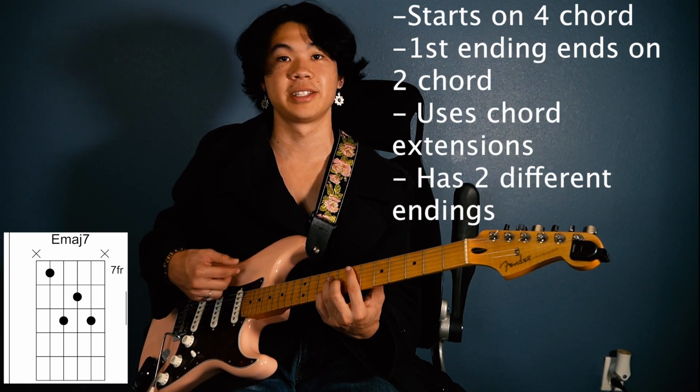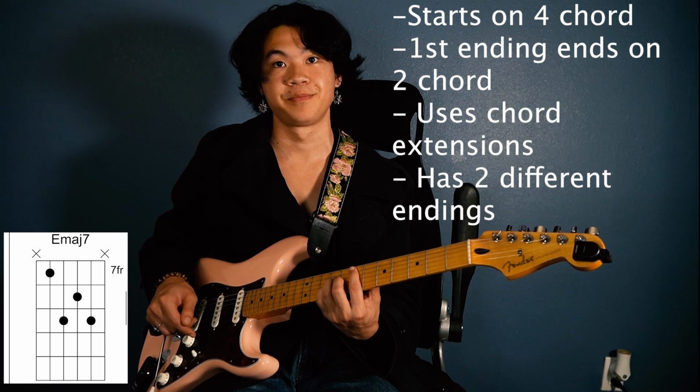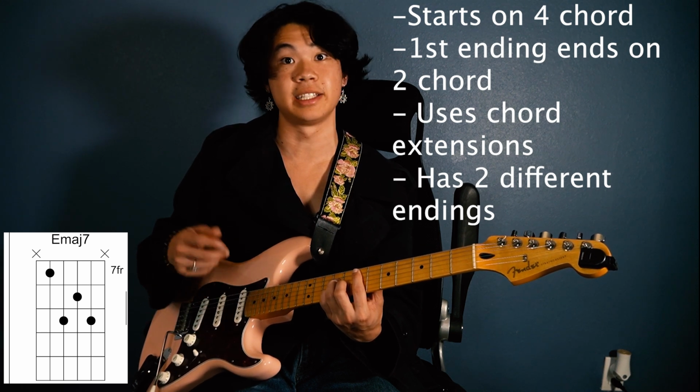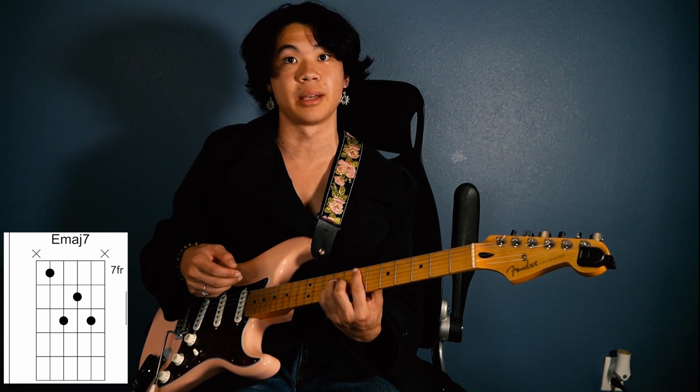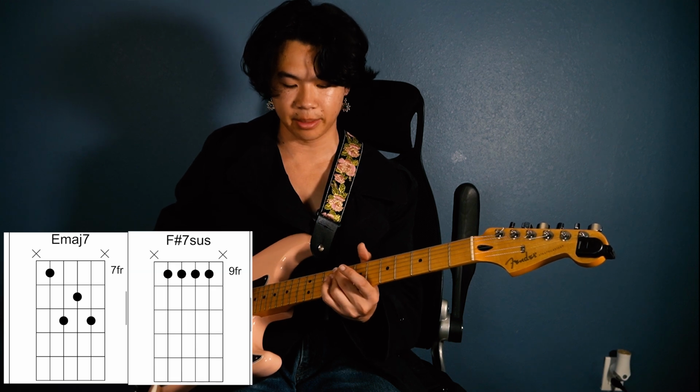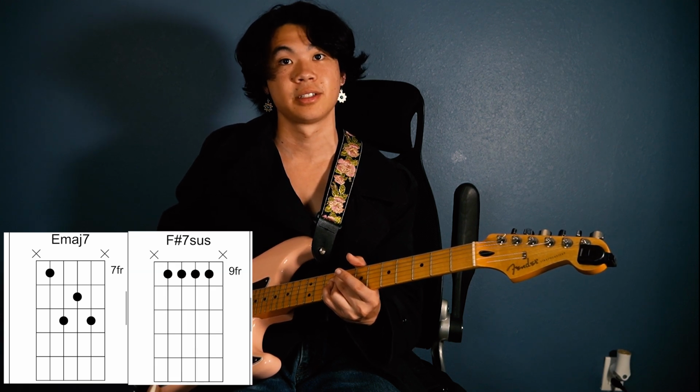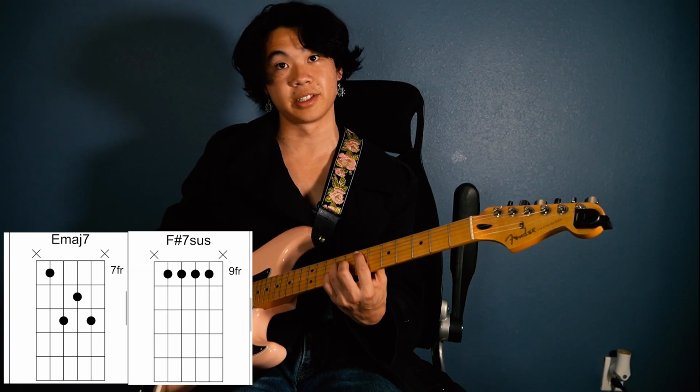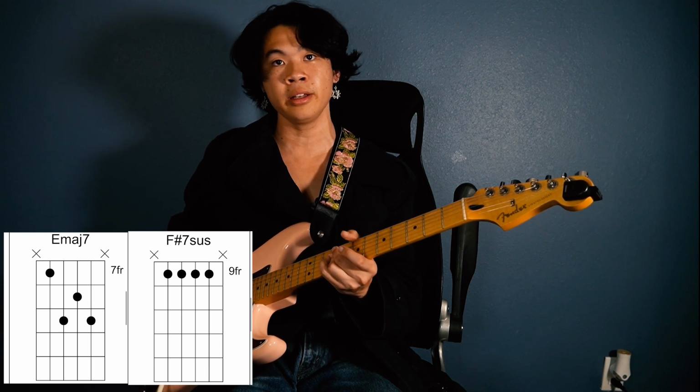Firstly, since I'm in the key of B, I started on the 4 chord, which in this case is a E major 7. And then I kind of did the same common tone move that I did, but this time slightly differently. Then I played an F sharp sus, but they both have this da, da.